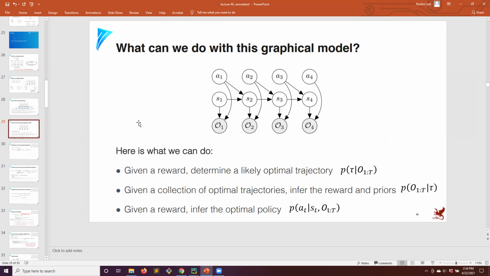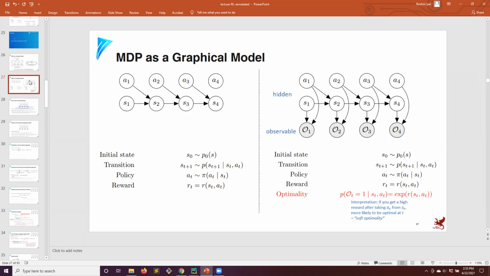Okay, I'm trying to understand this better. The optimality variable is something observable, right? And it's related to the reward, the current reward, right? All of the states and actions are connected to that variable.